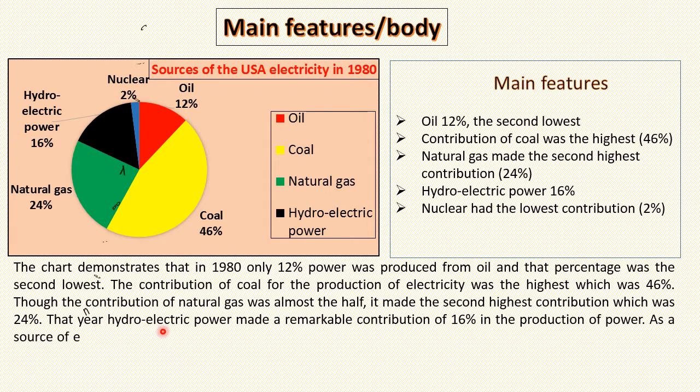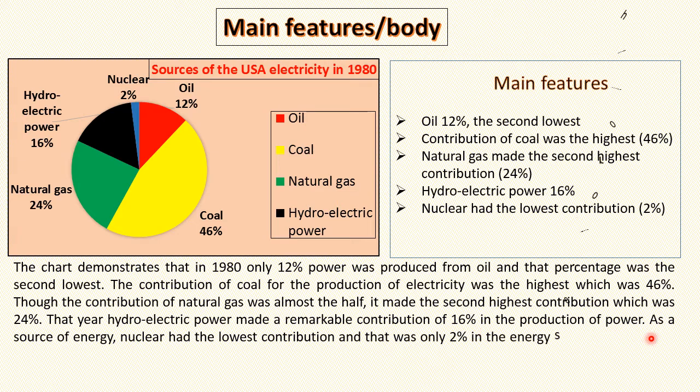That year, hydroelectric power made a remarkable contribution of 16% in the production of power. As a source of energy, nuclear had the lowest contribution, and that was only 12% in the energy sector of the United States of America.